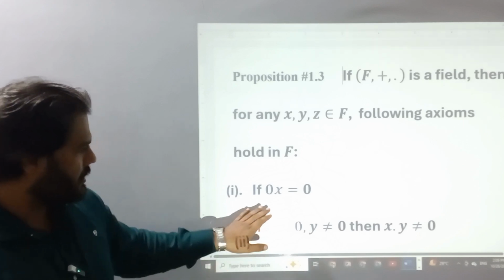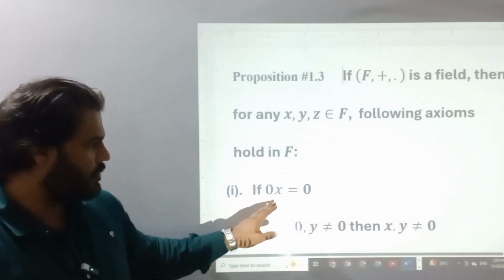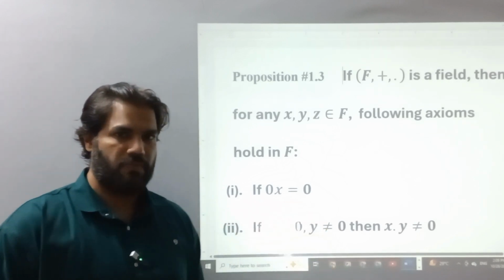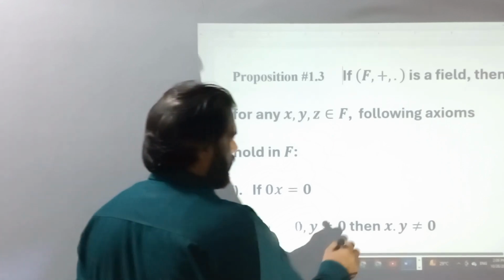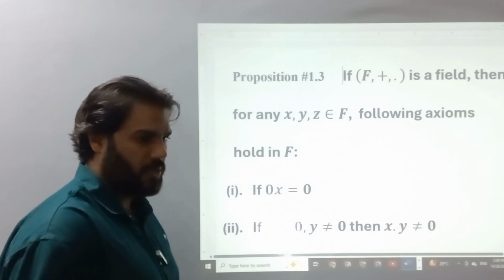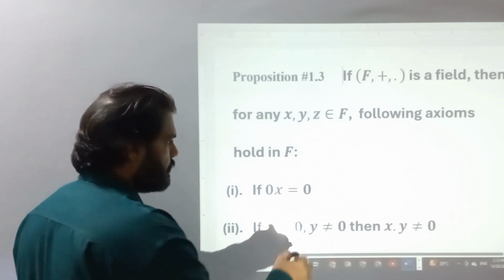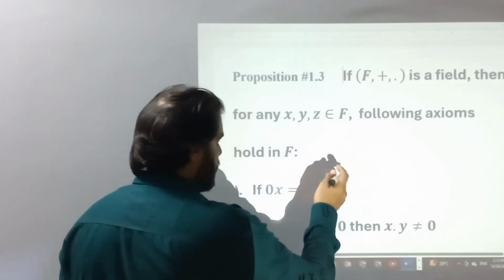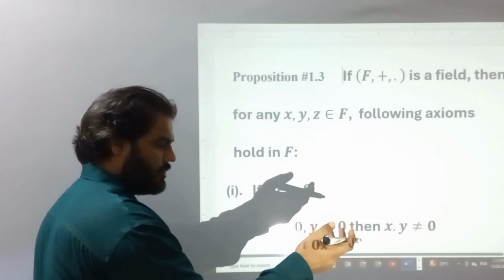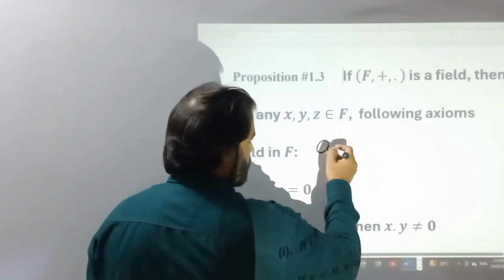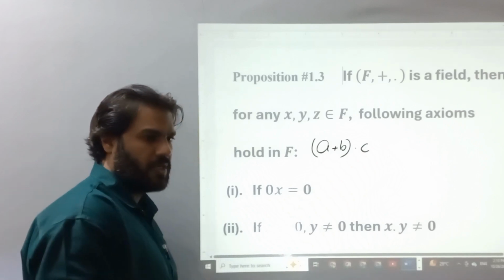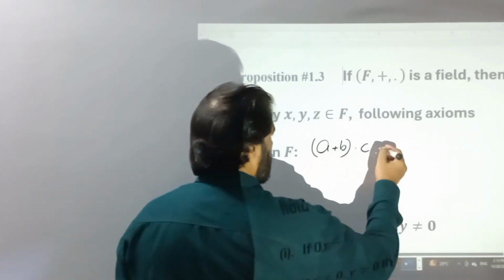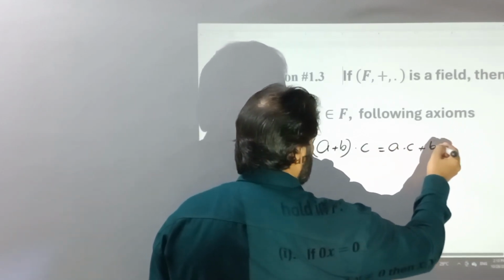Firstly we will discuss the first property, that is, the product 0 into x is equal to 0. To prove the result we will use a distributive law. You know distributive law, there are two types of distributive law of multiplication over addition. One is the right distributive law and the other is the left distributive law. Suppose we discuss the right distributive law of multiplication over addition, that is a into c plus b into c.